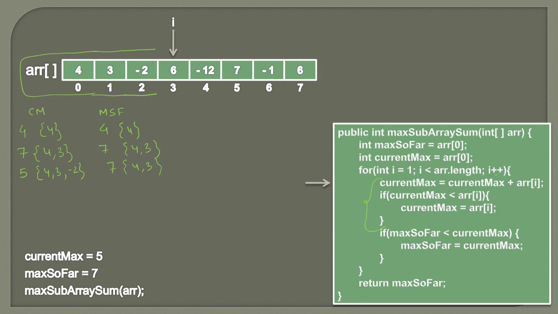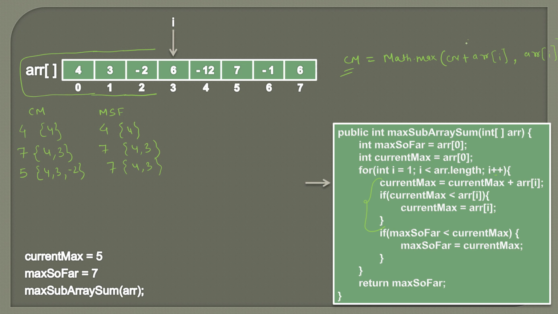You can also think of this piece of code as something like current max equals Math.max of the two values, current max plus array of I, or array of I. So whichever is the maximum value, we simply assign to the current max.